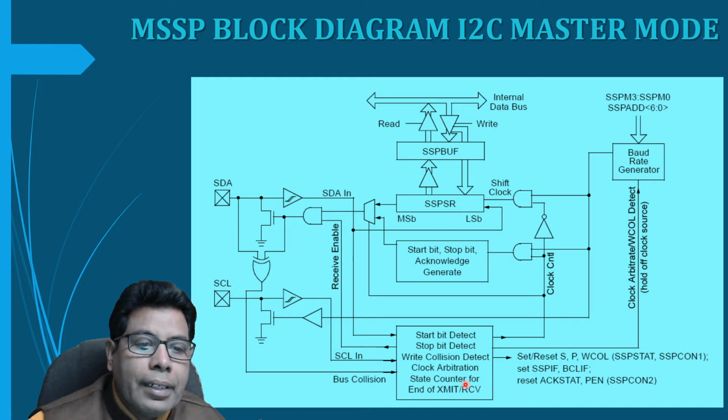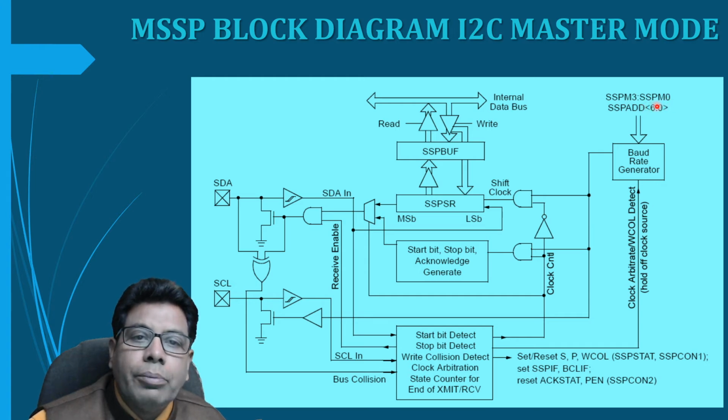In clock arbitration, state counter for end of, these are the signals which are necessary. So the bus collision, then the serial clock in, will be given as input here, and then only it will set or reset the particular bits of the control and status register. And this is the baud rate generator, and here we are going to use the SSPM 3 to 0 bits.